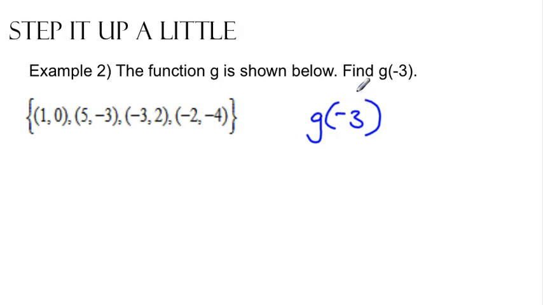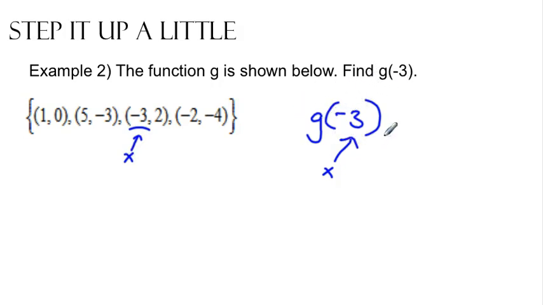And the -3, remember, is an input. This is an x value. So what I want to do is find -3 as an x value. And I have to be careful because there it is as a y, there it is as an x. So here it is as an x value. And my question is, what is g of -3?